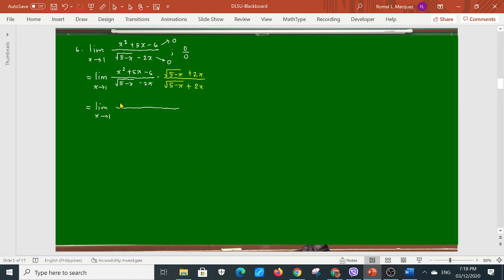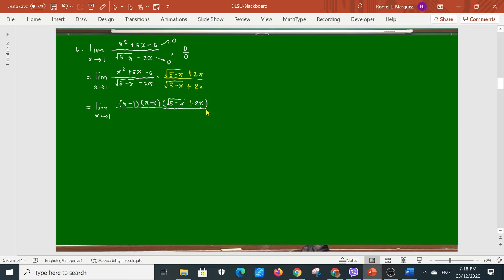The numerator, by the way, is factorable into x minus 1 and x plus 6, multiplied by the square root of 5 minus x plus 2x.